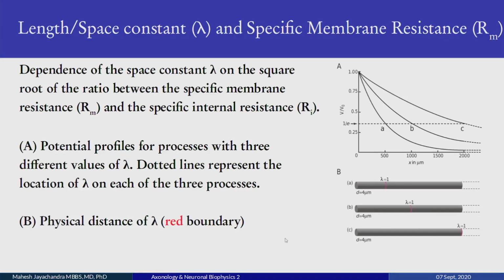The potential profiles for all these different values are on top, and the dotted lines represent the location of lambda on each of these processes. The physical distance is shown in red. In the first case, because of the properties, the spread is only so much. In the second case, it's much more, and in the third case, it's even more.